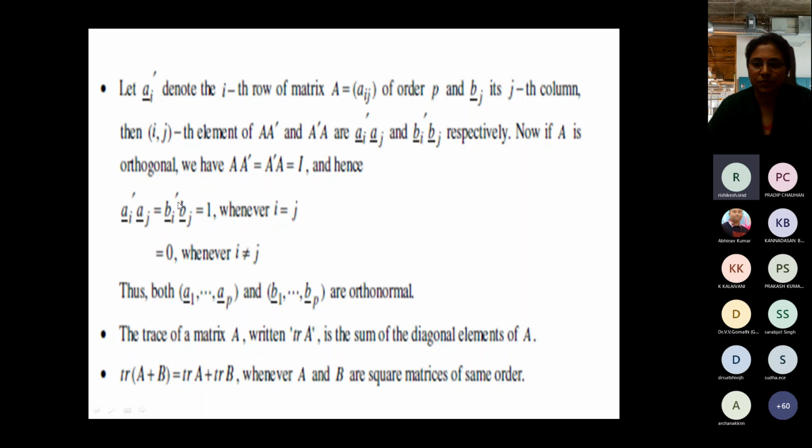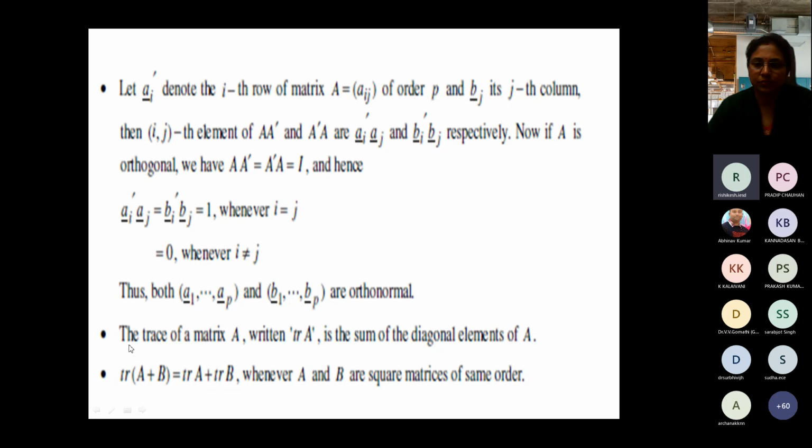Now if A is orthogonal, that means AA' = A'A = I, then a_i'a_j and b_i'b_j will both be equal to 1 if i equals j and equal to 0 whenever i is not equal to j. Thus both a_1, a_2, up to a_p and b_1, b_2, up to b_p are orthonormal.